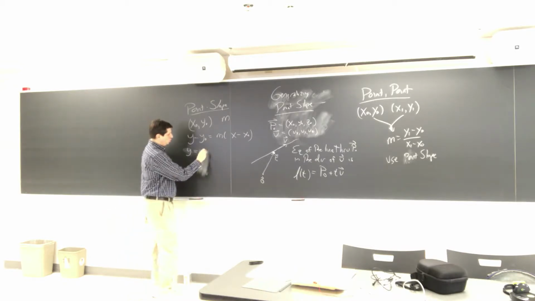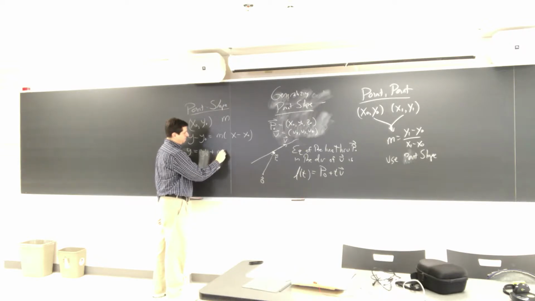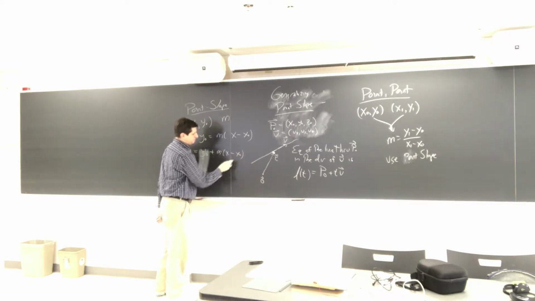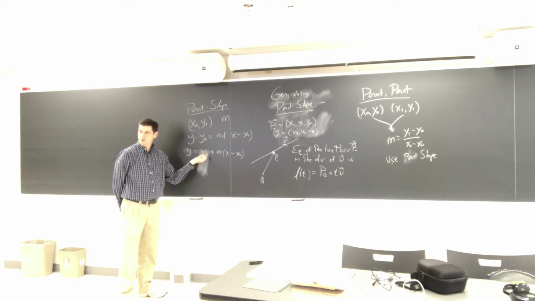So we have y naught plus m times x minus x naught. So in some sense, this is where we started on the y side, and this is where we are later. But we want to write this in vector form.